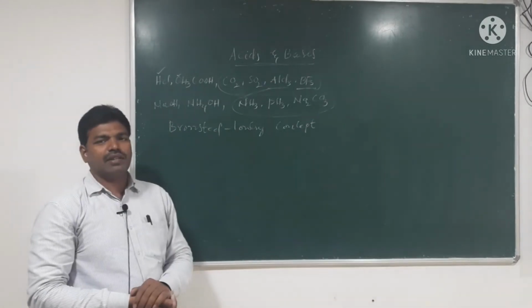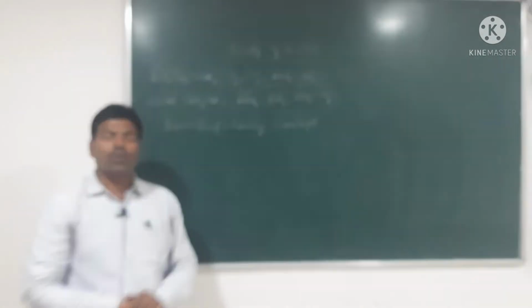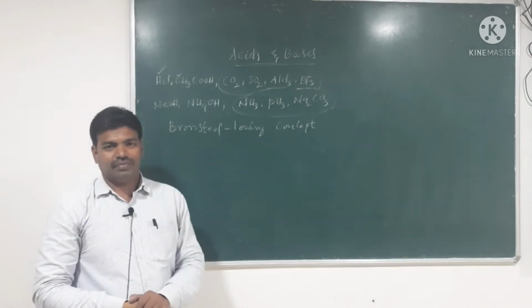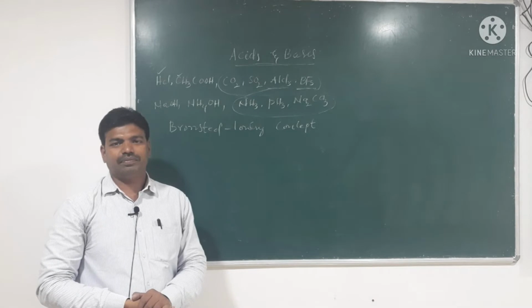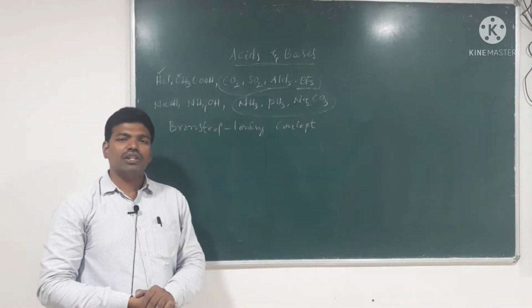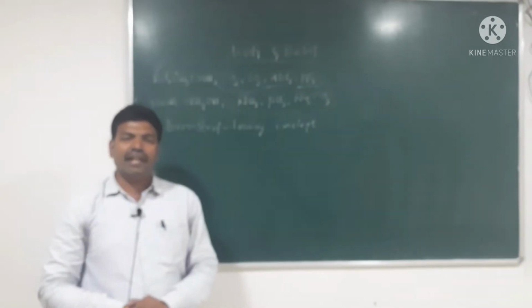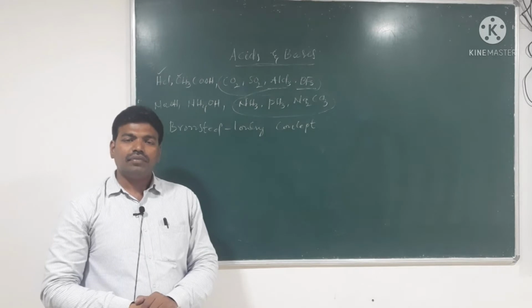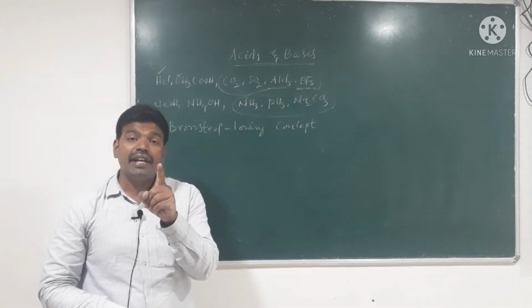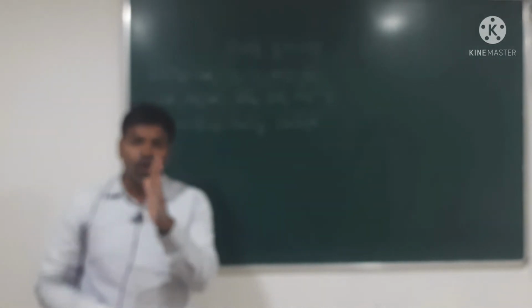Usually we call it the Bronsted theory. A Bronsted acid is a proton donor and a Bronsted base is a proton acceptor. This theory also stated that water is amphoteric because it can donate a proton and it can accept a proton, and the proton donated by an acid does not exist alone and is always solvated.